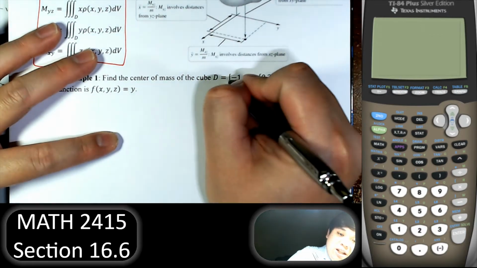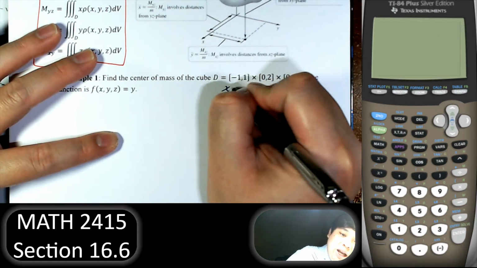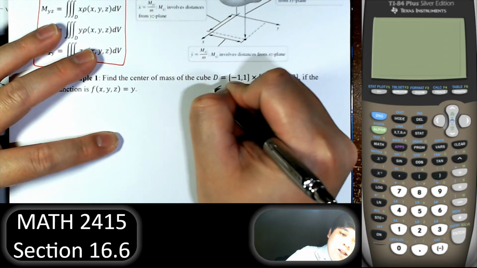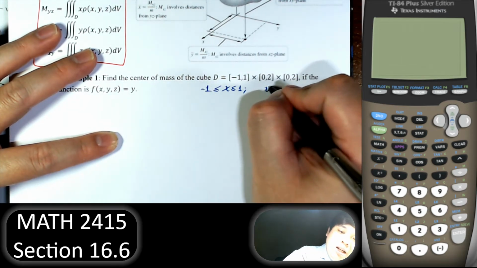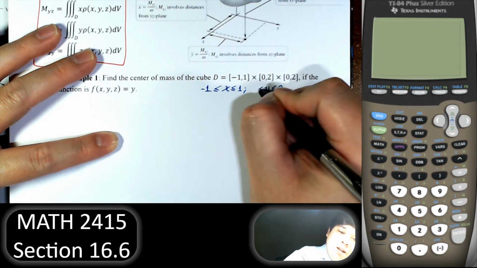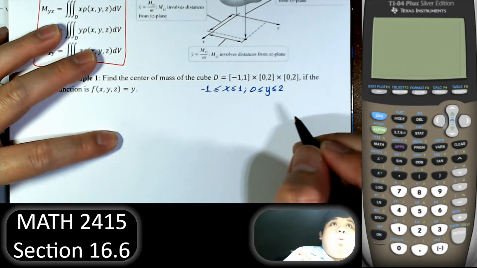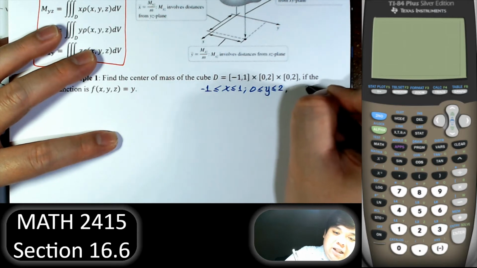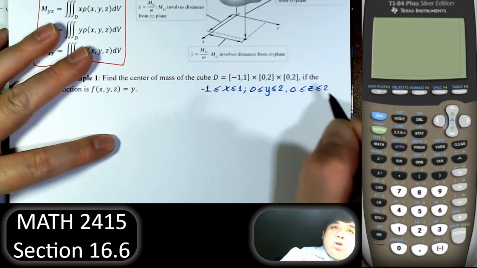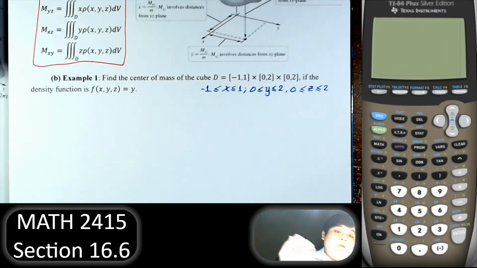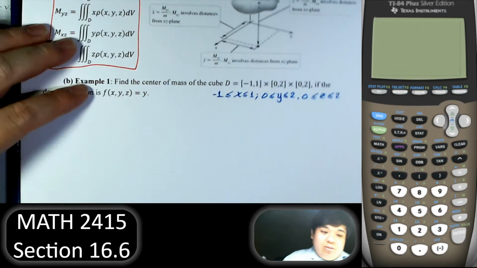So when we see this, we can write x between negative 1 and 1. Then 0 to 2, that is y between 0 and 2, and then z. It is a cube, so the length is 2 by 2 by 2. That makes sense. And we have the density.